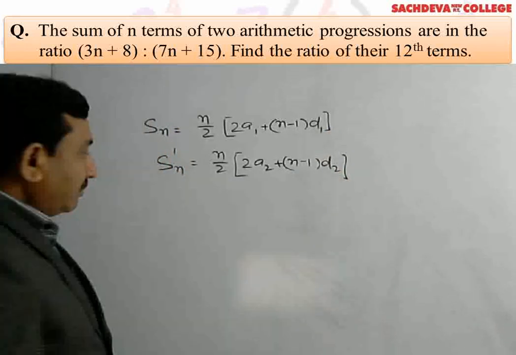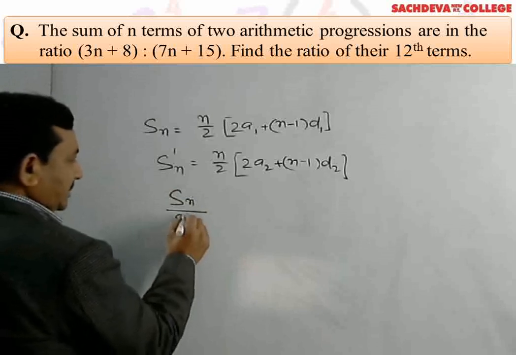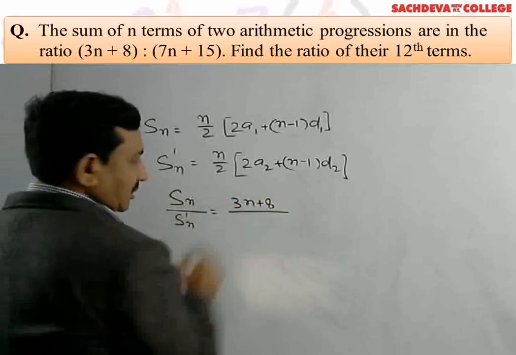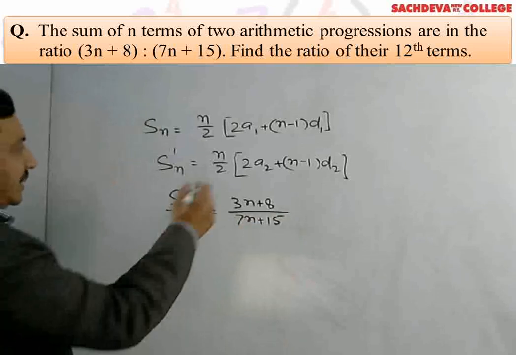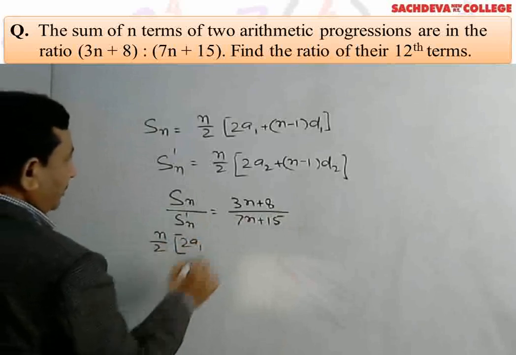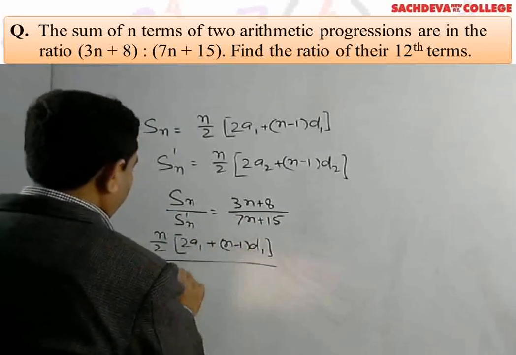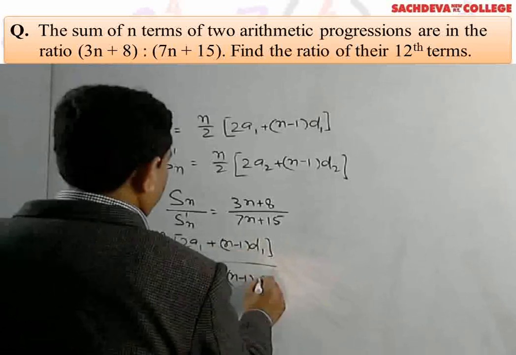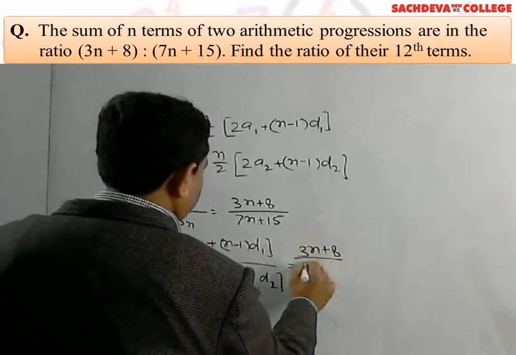But given that their ratio Sn upon Sn dash is equal to 3n plus 8 divided by 7n plus 15, and Sn is given here n by 2 into 2a1 plus n minus 1 into d1 upon n by 2 into 2a2 plus n minus 1 into d2 is equal to 3n plus 8 upon 7n plus 15.